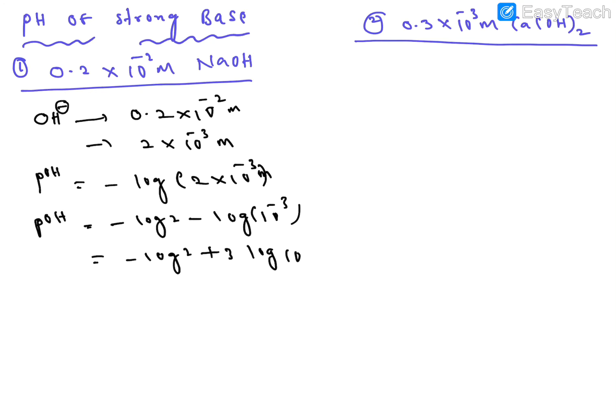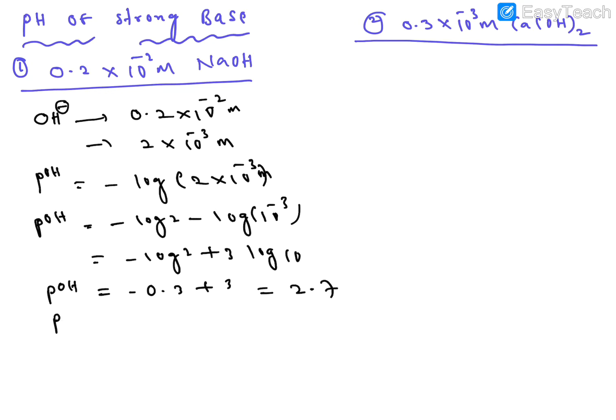Okay, now we get here what is the pOH value. The pOH is equal to minus log 2 value, 0.3, and plus 3, that equals 2.7.